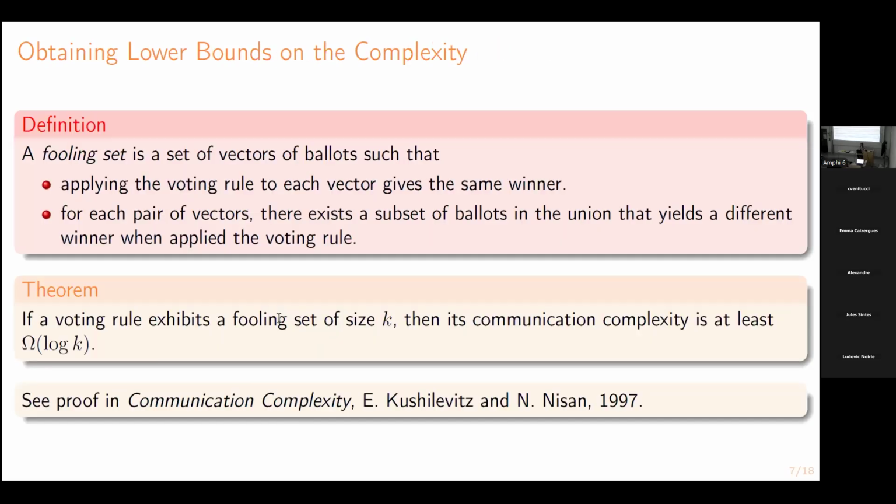So for each pair of vectors, there is a subset of ballots in the union. You take two vectors, you take the union, and then, the sentence is not really well written. For the union, you either take the vote in the first one or in the second one for every voter.